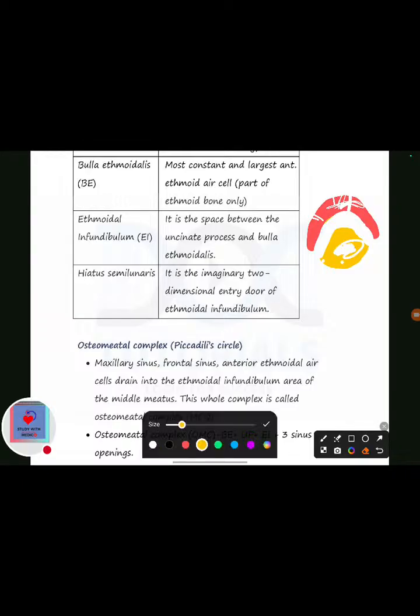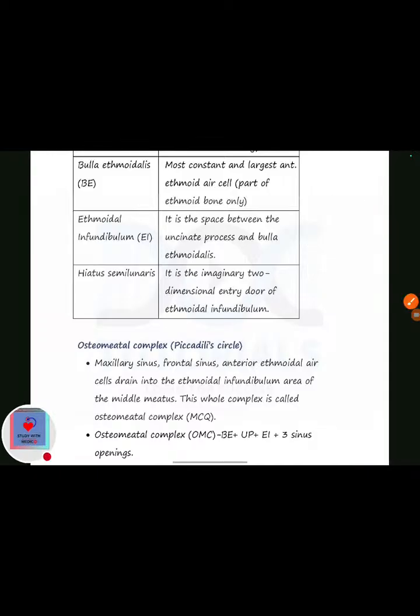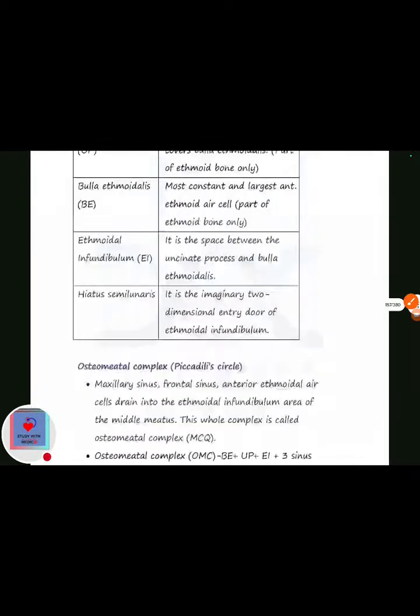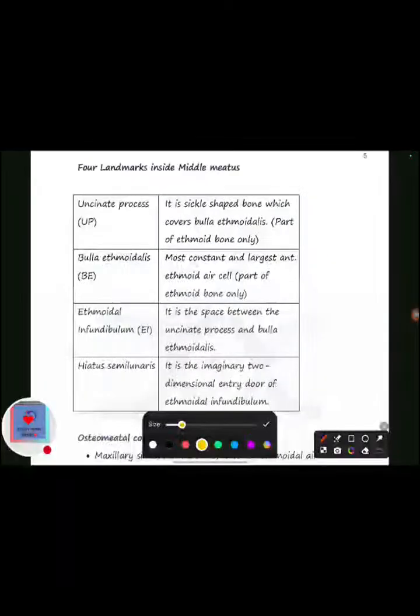Understood now. Okay, I got it. So this is the uncinate process, the sickle-shaped one.